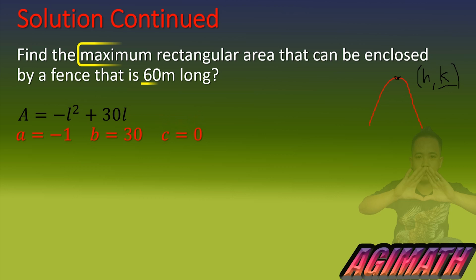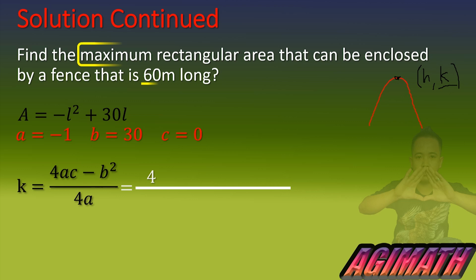And then we are going to use the formula in finding the value of K, which is given to be 4AC minus B squared all over 4A. And then we substitute. 4 times A is -1. C is equal to 0.